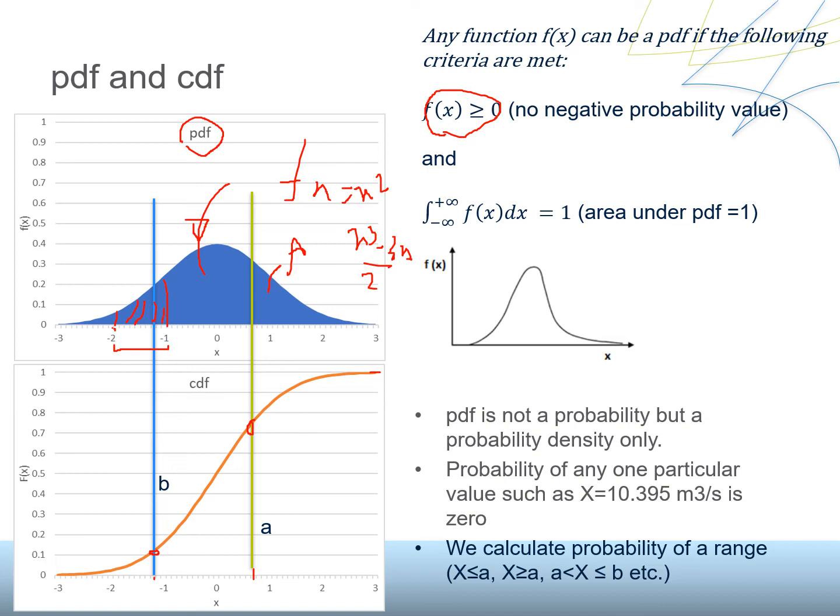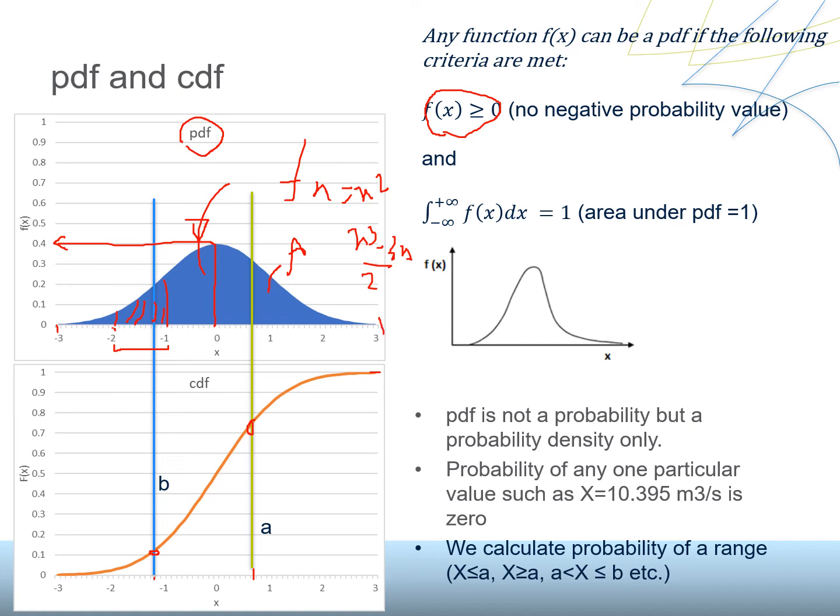One important thing to know is that the PDF, or probability density function, is not the probability. If you look here, this is 0, and you read here that the probability of x taking 0 is not equal to 0.4, because there are so many values in between. Let's say the variable ranges from -3 to 3.